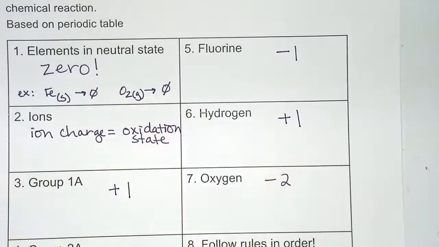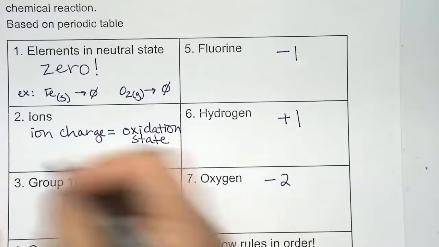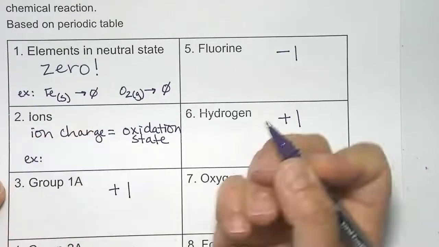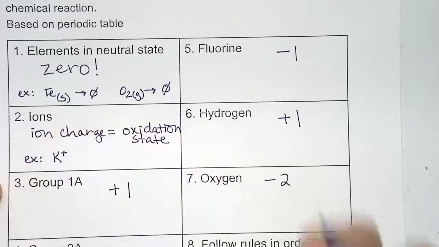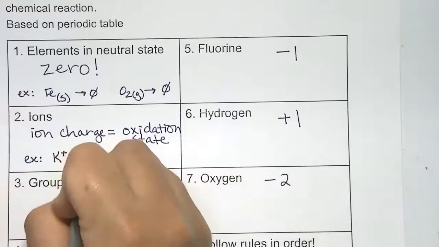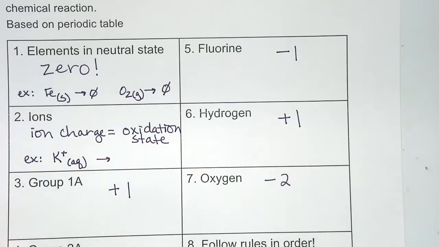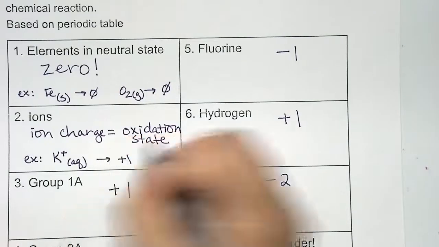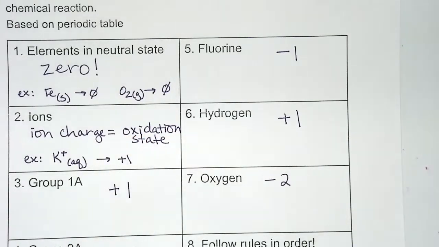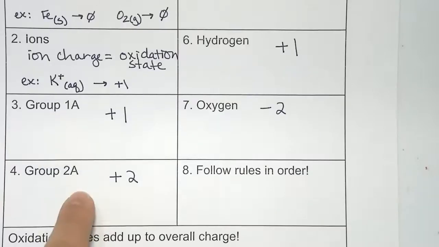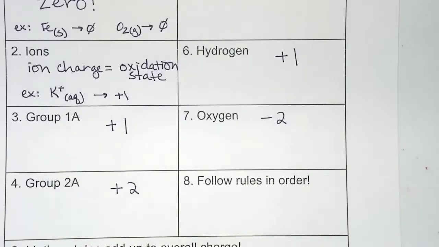It already tells you. For example, if I have K+ and it's the aqueous ion, what is the oxidation state? +1. It gives itself away to you. There's no new information there, right? And anytime we have an ionic compound of group 1 or group 2, we know those are +1 and +2. So there's nothing fancy that we have to do there.